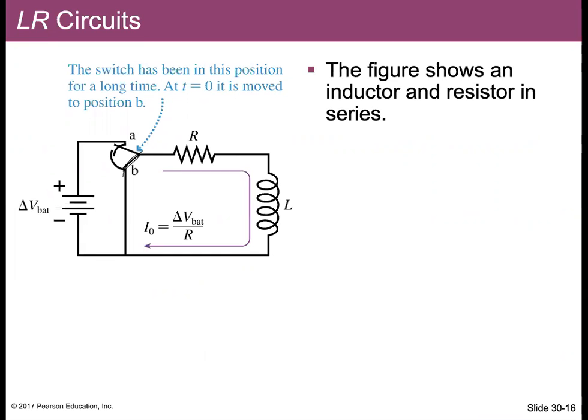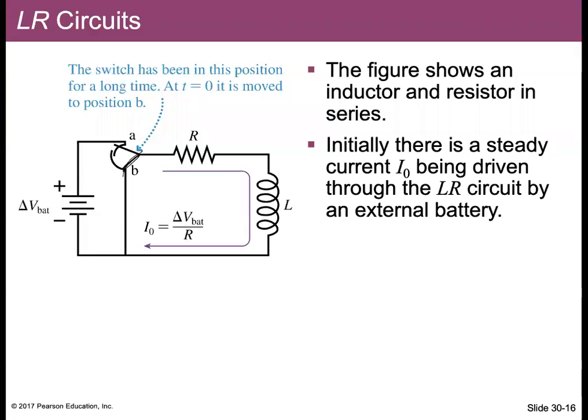So this figure shows an inductor and resistor in series. Now, initially, there is a steady current I naught being driven through the LR circuit by an external battery. That's over here. So initially, we have this external battery that is driving a current through the circuit.